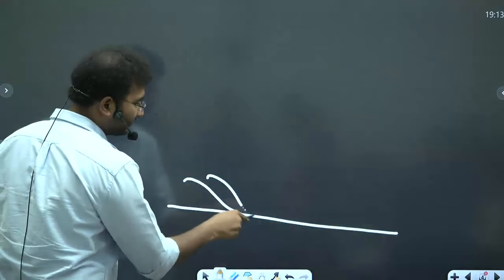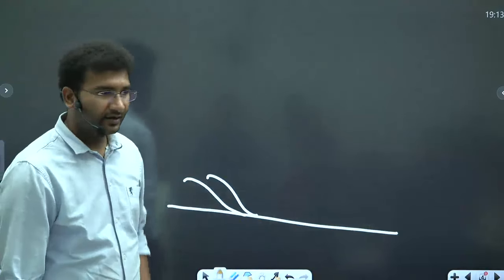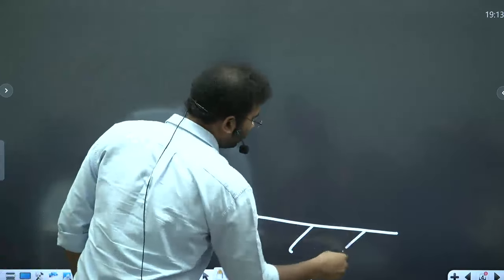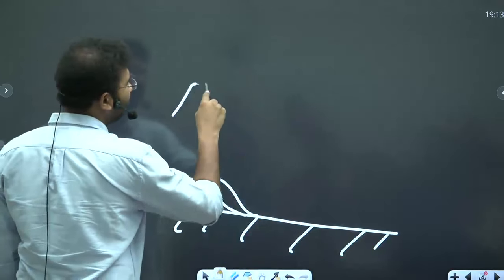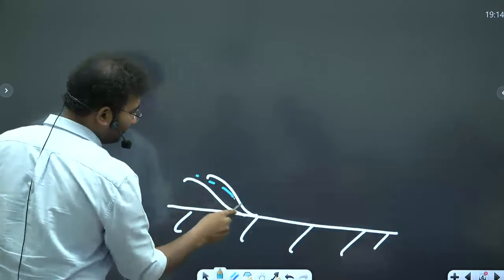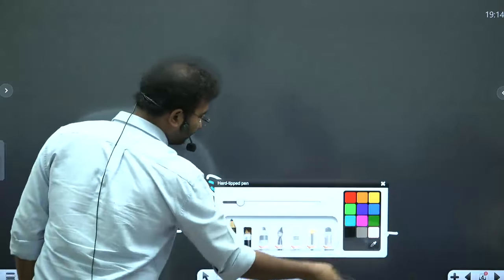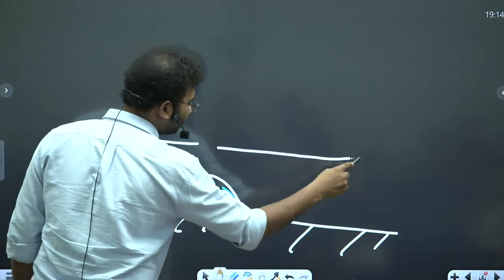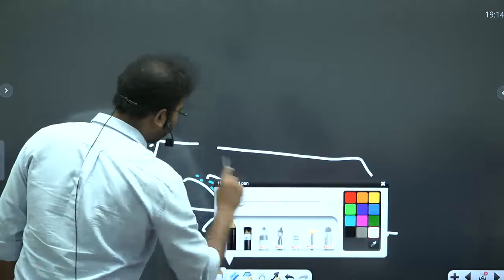And there is a river that is flowing here. Right? I have increased the height of this plain area. What does the river do? If I have increased the height of this area, the river will start to cut down.